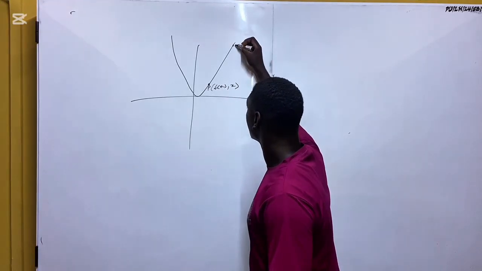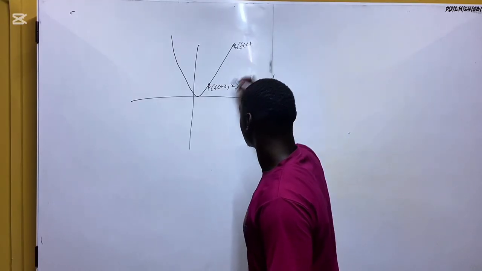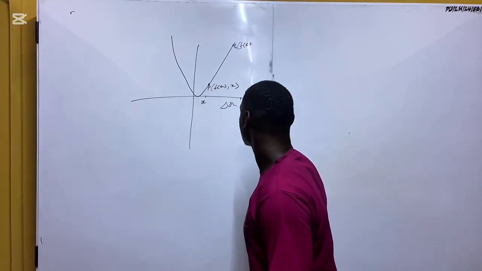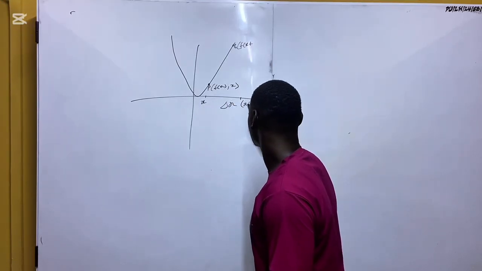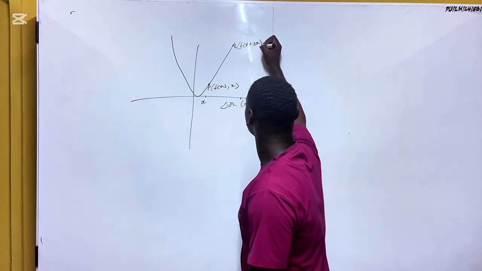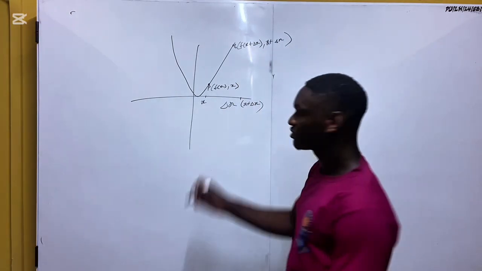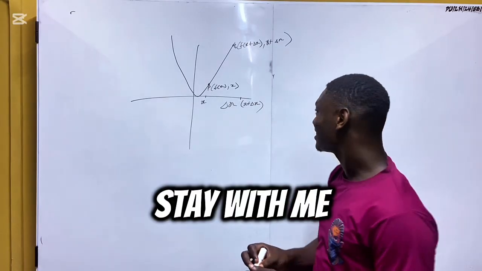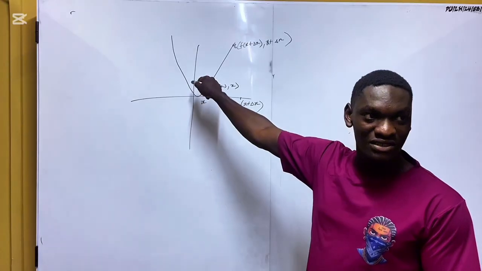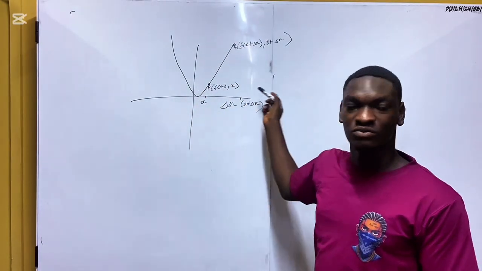And this one is another point, say Pn, which will be x plus change in x, f of x plus change in x. Don't get confused. What we are saying is that this point is a certain distance, change in x, away from the original point. So its function value is also a distance away from the original function value.